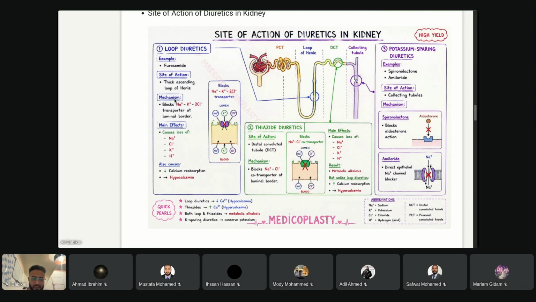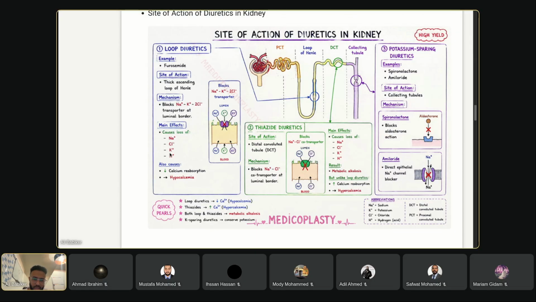Mechanism, very important: block the sodium, potassium, 2 chloride transporter at the luminal border. This will lead to loss of sodium, chloride, potassium, and H+. Losing sodium will lead to hyponatremia. Losing chloride will lead to hypochloremia, and hypokalemia.